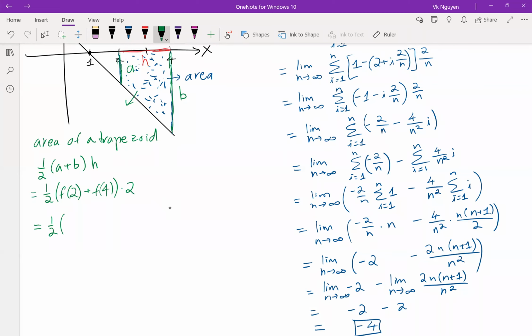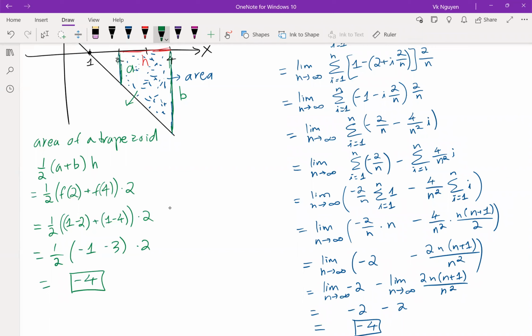Well, the graph is 1 minus x, so it's going to be 1 minus 2 plus 1 minus 4, times 2, and ta-da, minus 1 minus 3 times 2. See, -4.